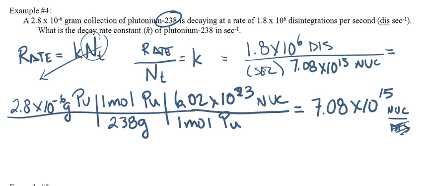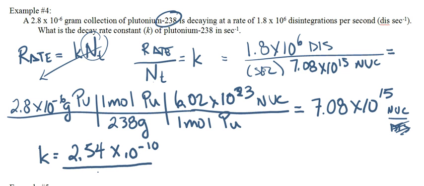And then let's type all that in, and my K equals around 2.54 times 10 to the negative 10. And that is per second. Okay, so nuclear disintegrations, yeah, those will cancel there. So we're left with just time.